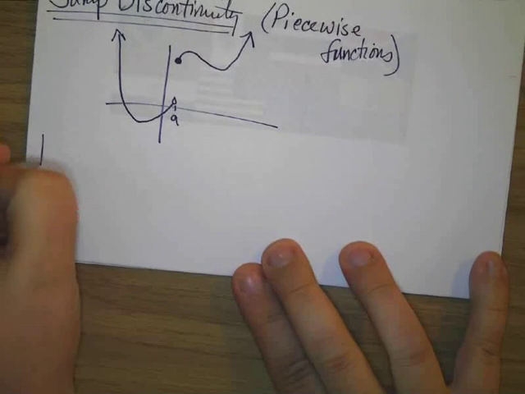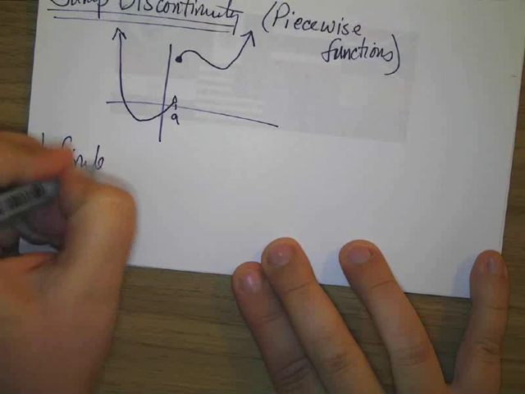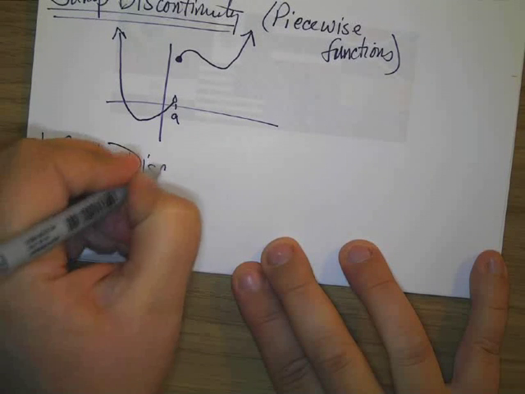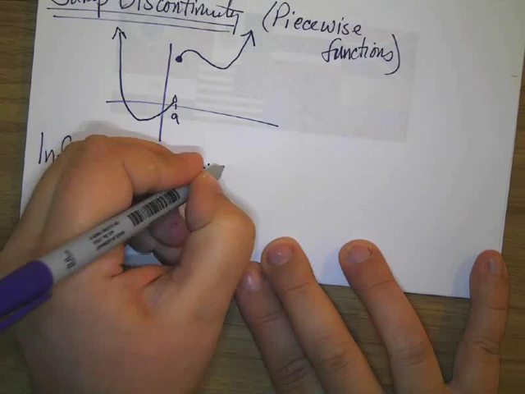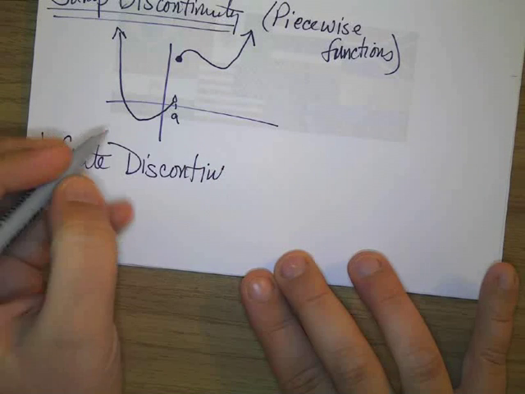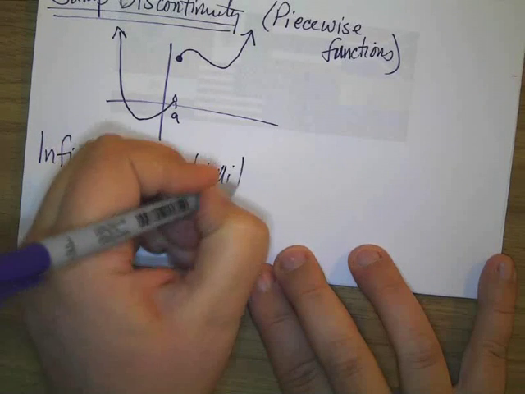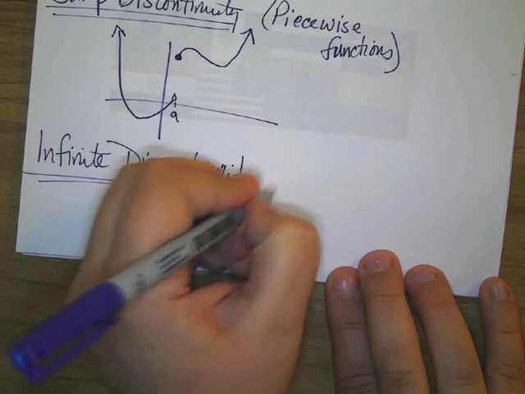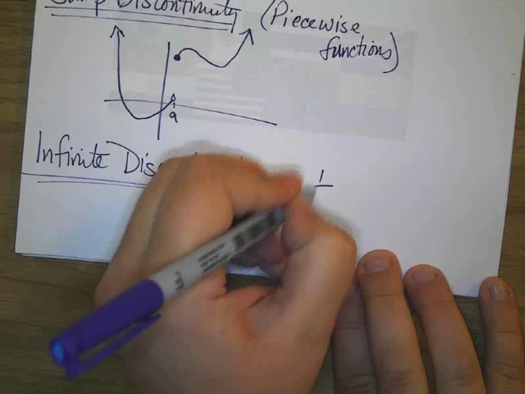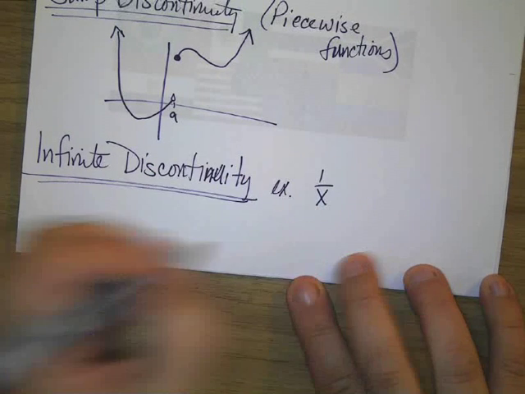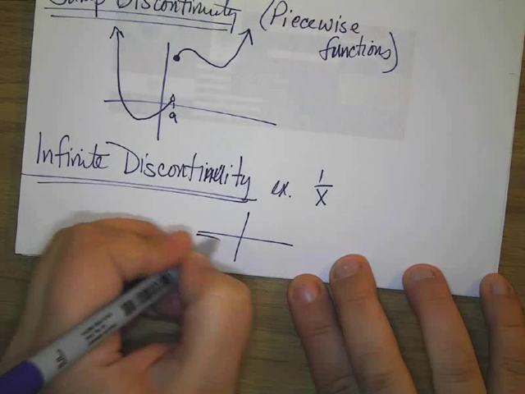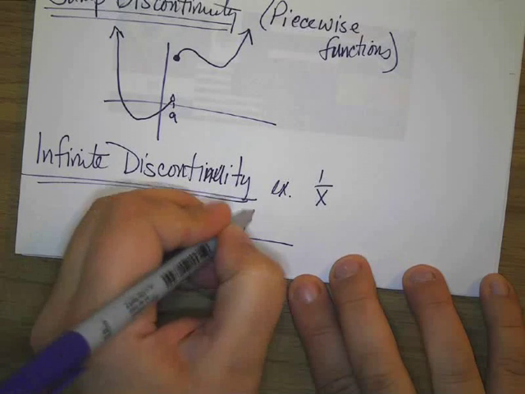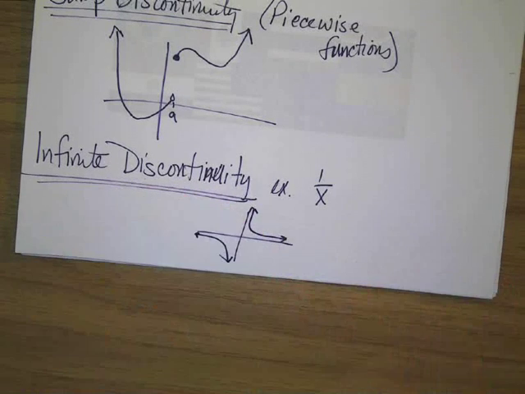The last one is an infinite discontinuity. An example would be 1 over x. I always envision it like the Grand Canyon.